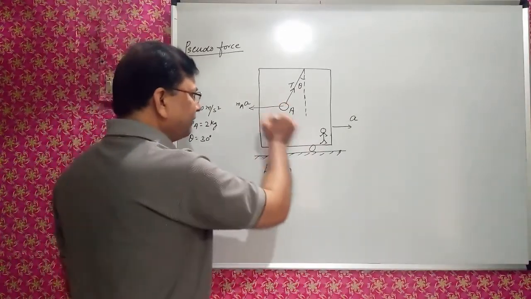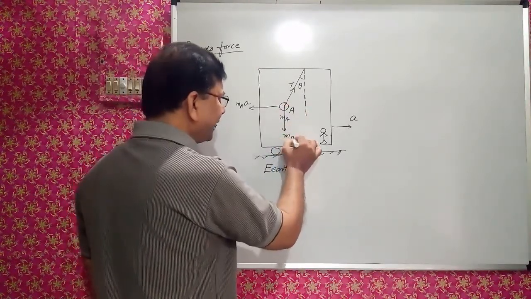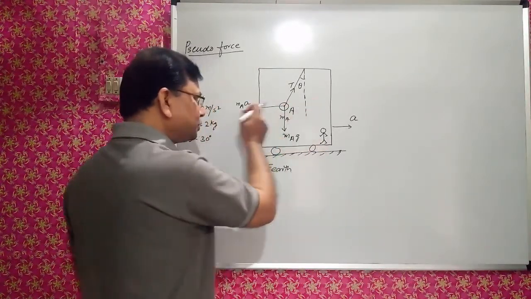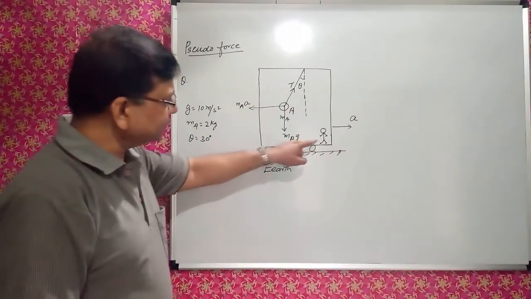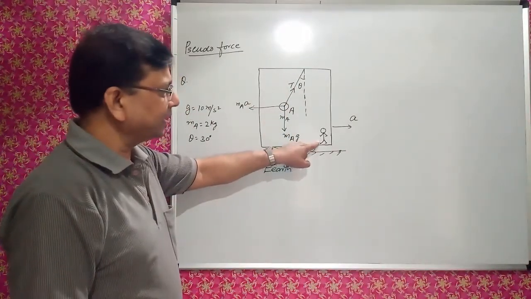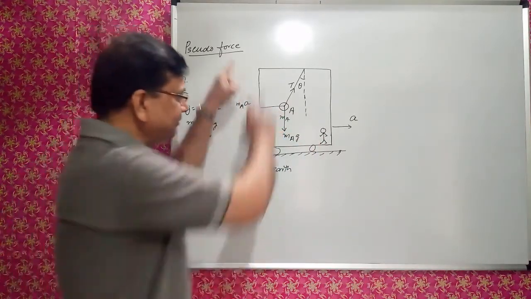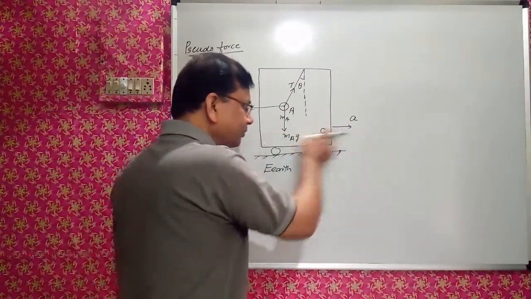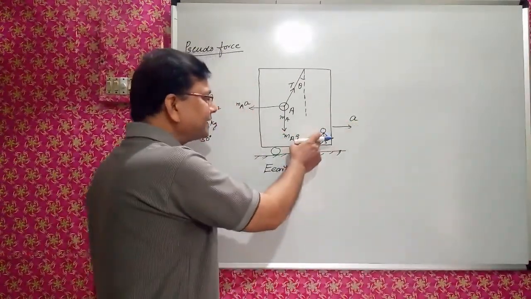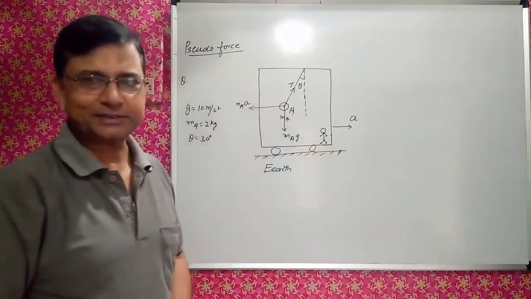Now, if we make FBD, then weight is acting, mag downward, the pseudo force, and this is the tension in the string. And since with respect to this observer, this will be at rest, because this whole frame is moving with acceleration A, he is also moving with acceleration A. He will say, with respect to me, this bob is at rest.